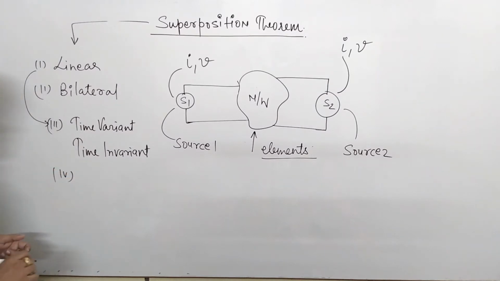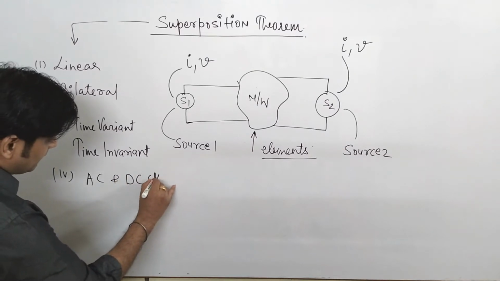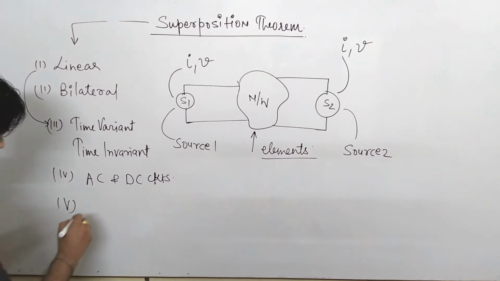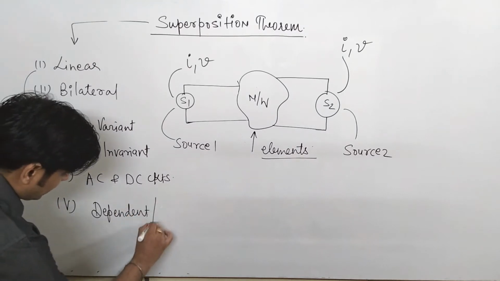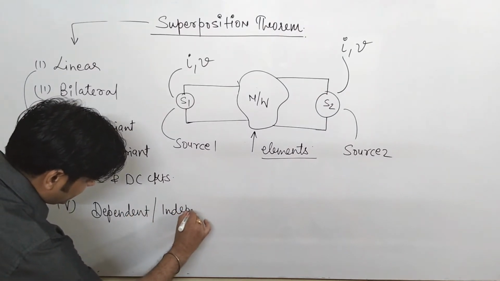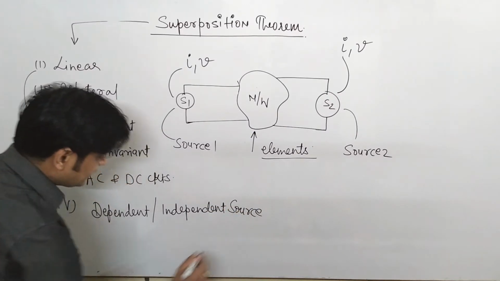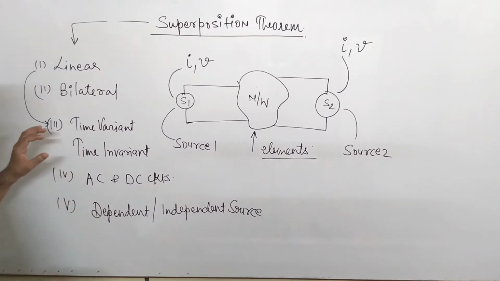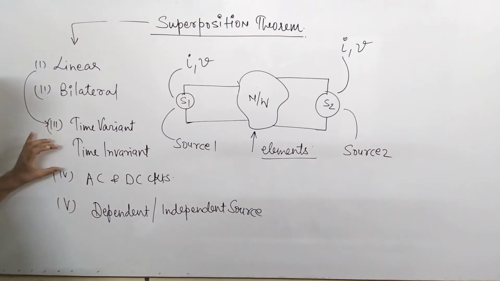The fourth one is that the superposition theorem is applicable for AC as well as DC circuits. Very important, don't confuse, it is applicable for AC as well as DC circuits. Also dependent sources and independent sources. Just keep these points in your mind because you will find questions in your examination asking whether superposition theorem is applicable for only linear elements, only bilateral elements, or linear bilateral with time variant and time invariant property.